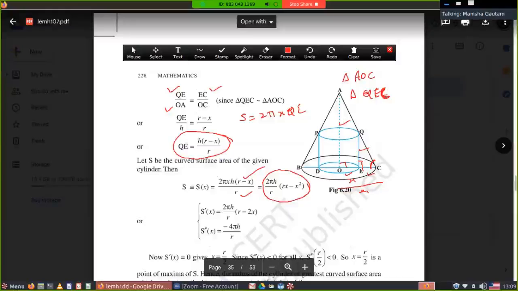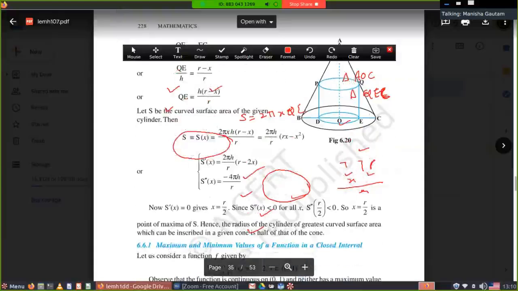You are inscribing a cylinder in that cone, so the parts of the cone are considered constant terms. So you have to differentiate this with respect to X. The first derivative will be S dash X. The second derivative will be this one. Let's clear it.